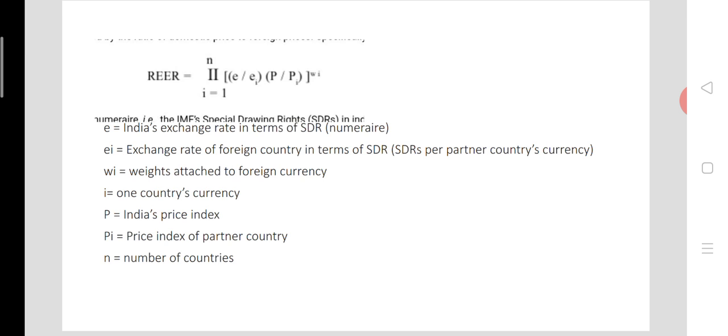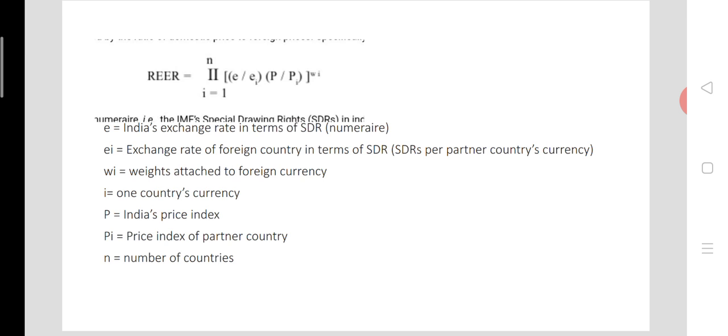Here we have just added P by Pi to the equation for finding NEER, and here i is the particular currency. If it is the UK pound sterling, then the UK pound sterling's values will be considered in the first calculation. n refers to the number of currencies in the currency basket.